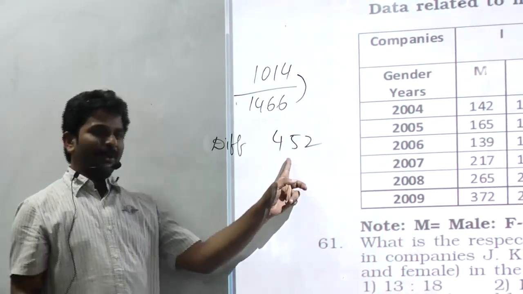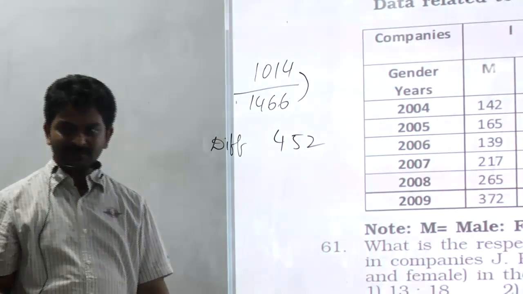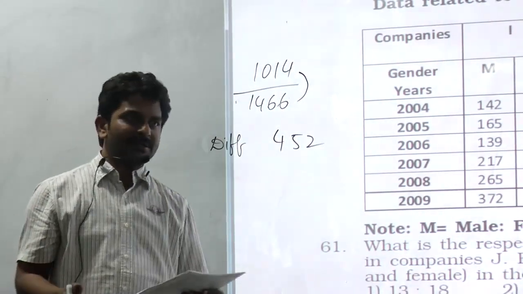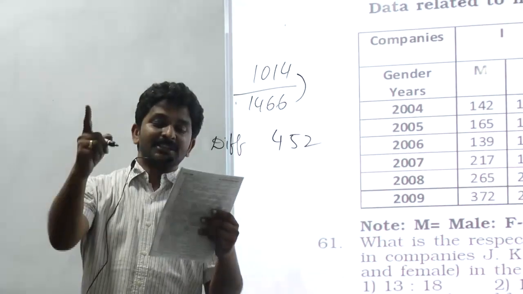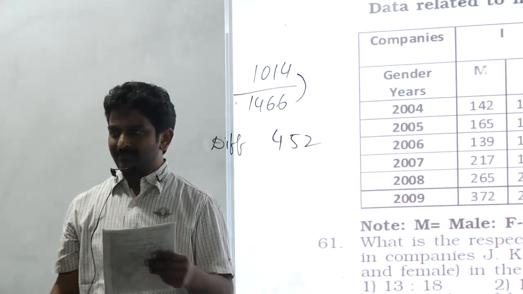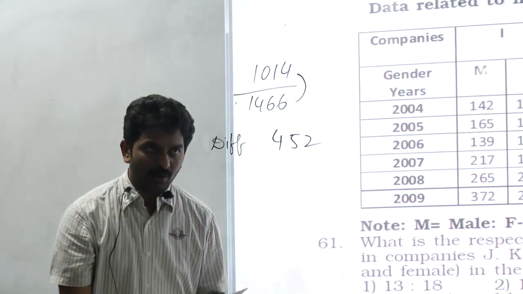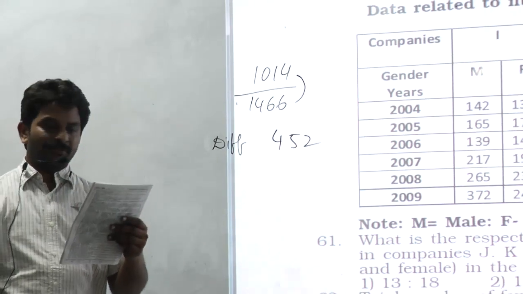Can you divide this number into 5 parts? No. That cannot be your answer. With the same logic, third option and fourth option cannot be your answer. Answer should be either second or fifth option.